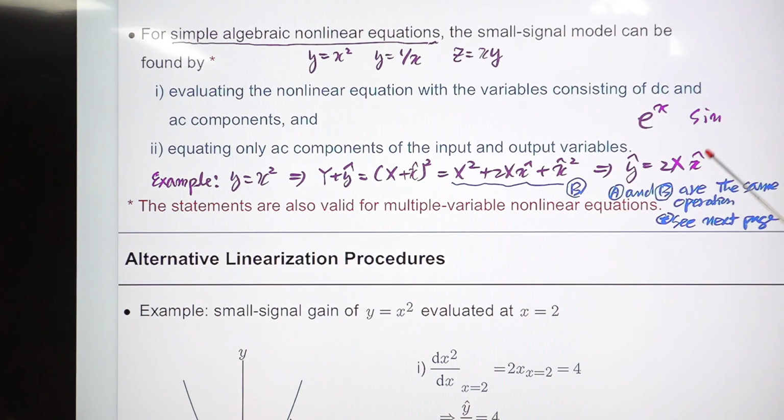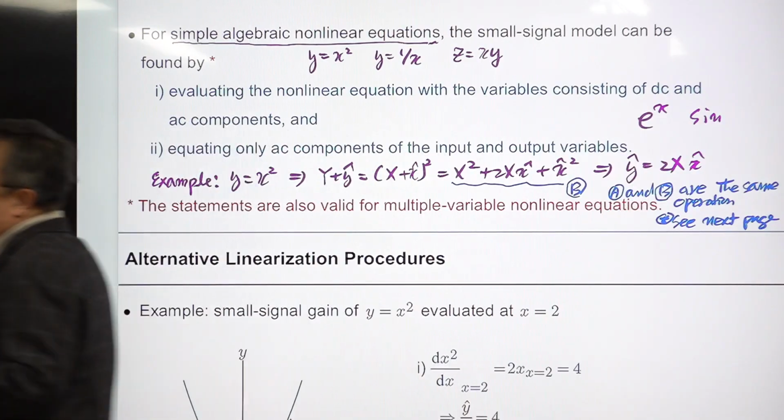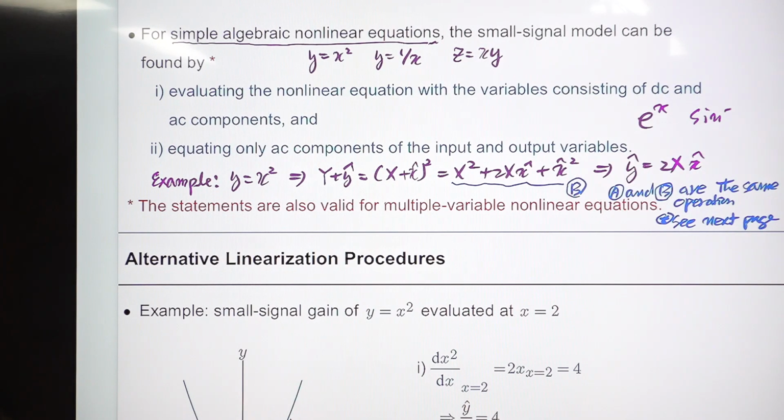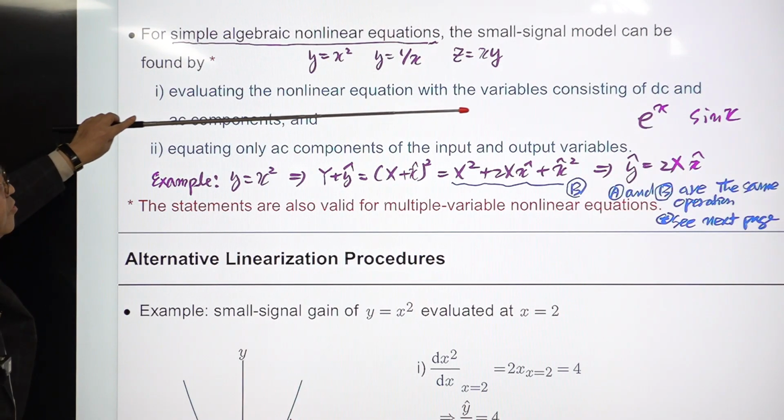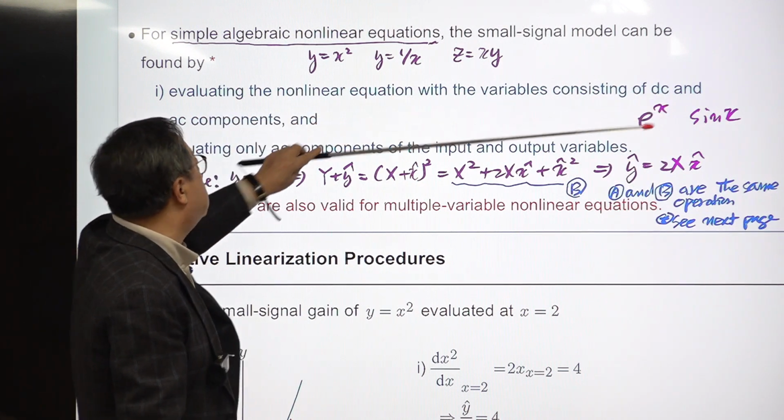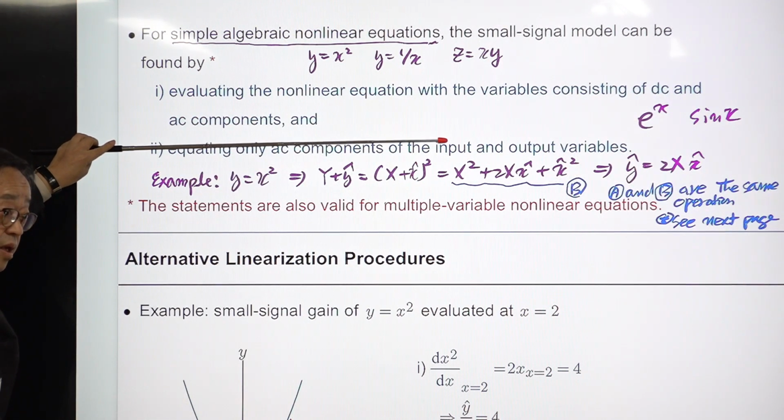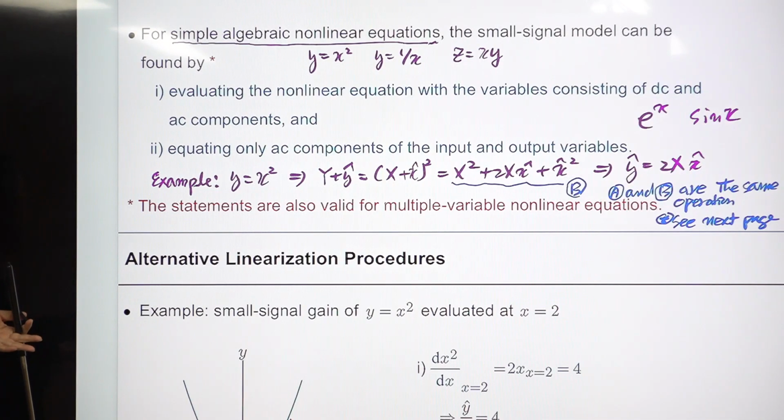But first you expand this to the Taylor series, and you just truncate part of the terms, then you can do the same thing. Suppose you have this relationship, then evaluate the nonlinear equation with the variables consisting of DC and AC components, and keep only the first order AC component in each term.